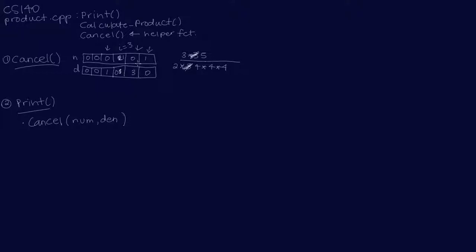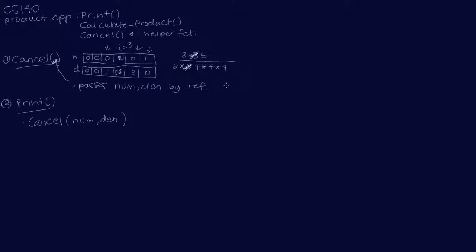We're also editing the numerator and the denominator this way, and you'll need to have some way of accessing these. So for cancel's parameters here, you will need to pass the numerator and denominator by reference.